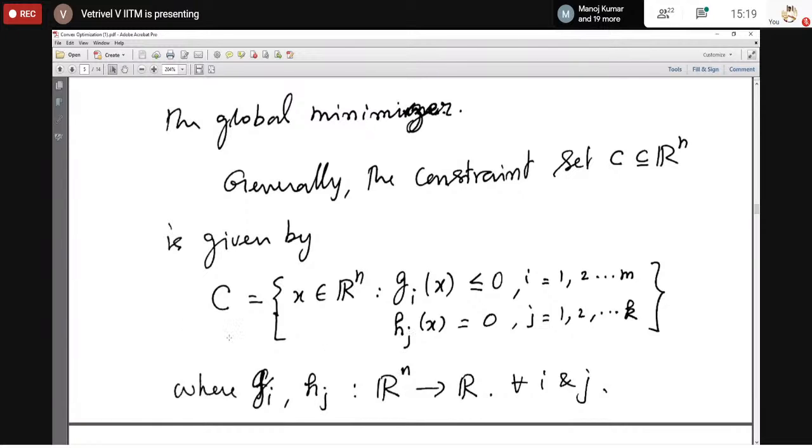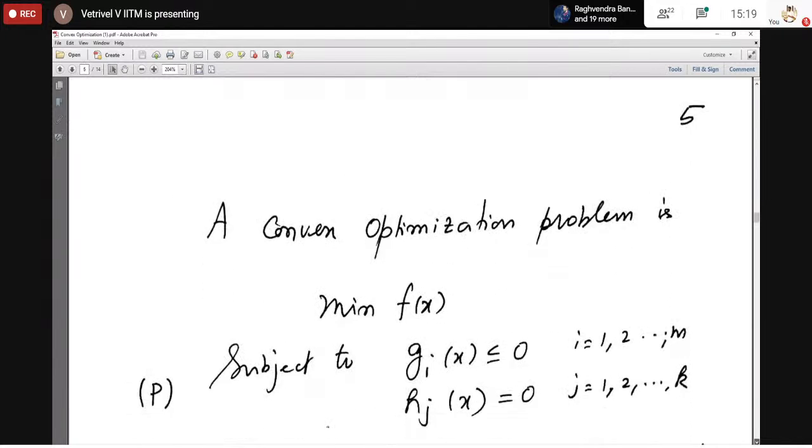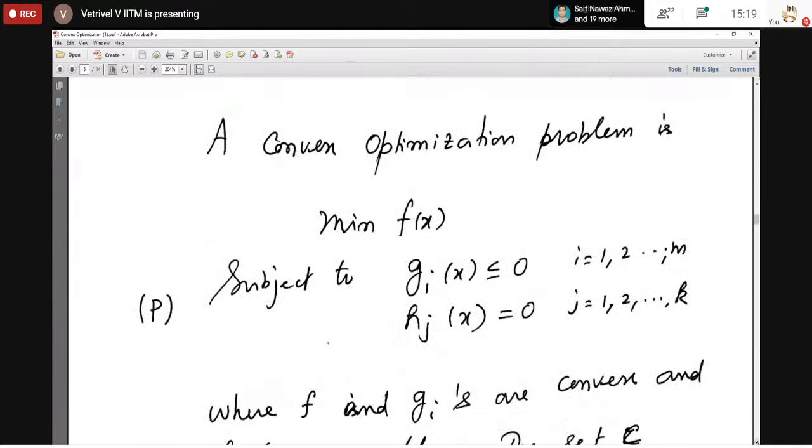This set C is called the feasible region, or simply the primal feasible region, the primal problem, like in linear programming, the same terminology here too. So a convex optimization problem is: minimize f of x subject to these conditions. Any x satisfying these inequalities and equalities is called a feasible point.